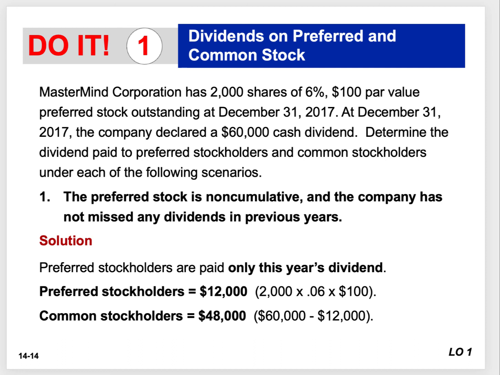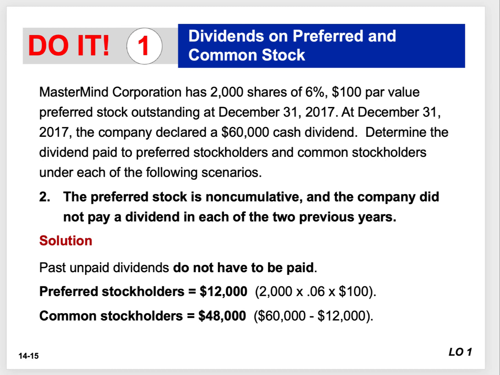Preferred shareholders get 12 grand. Okay. How much is left to distribute to common shareholders? Well, that's easy. We take the total dividend declared, $60,000, and subtract out the preferred share amount, $12,000. That means we have $48,000 to distribute to our common shareholders.